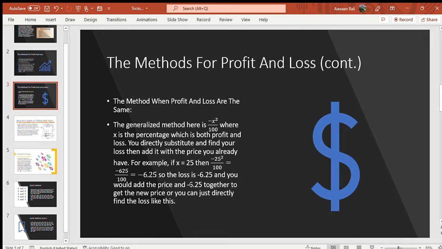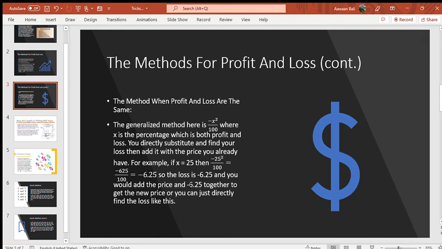So basically, this would be if you have 100 of the currencies. So then what you have to do is change it. For example, since 100 is minus 6.25, to find 80, you would divide both sides by 5.